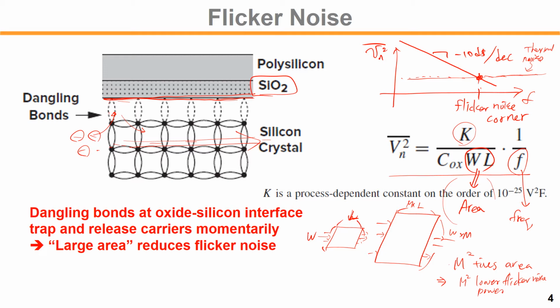So to get 2x lower RMS noise voltage, a 4x larger area is required.